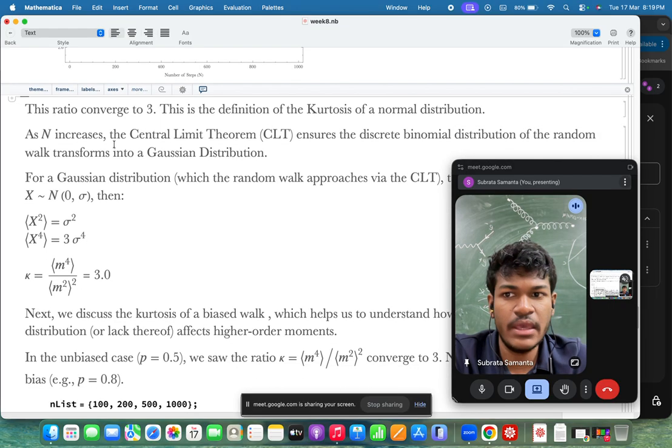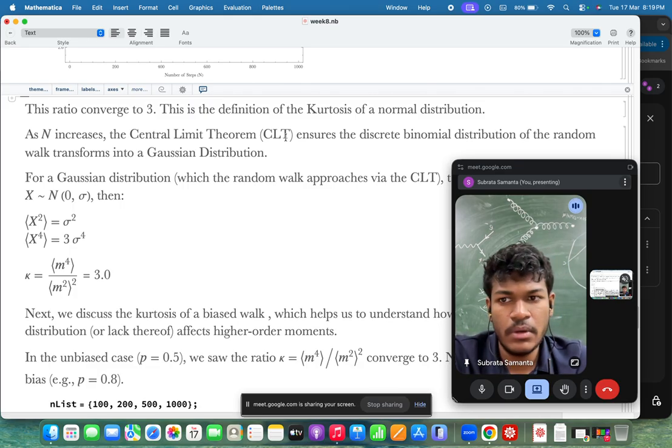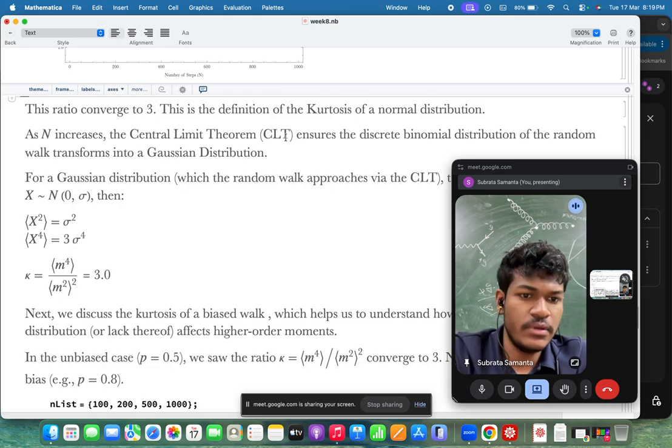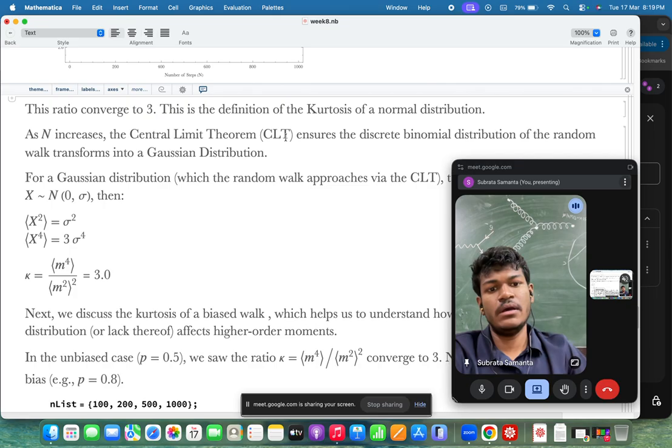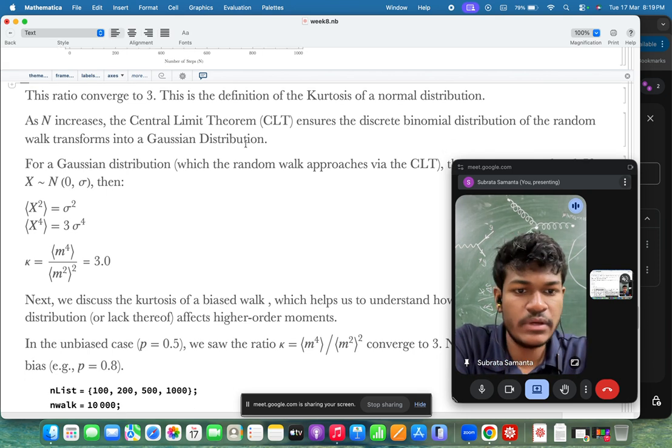Right. Now, you see that as n increases, the central limit theorem ensures that the discrete binomial distribution of the random walk transforms into a Gaussian distribution. So, each path follows a binomial distribution, but over a large number of them it becomes a Gaussian distribution, and that is actually the central limit theorem.